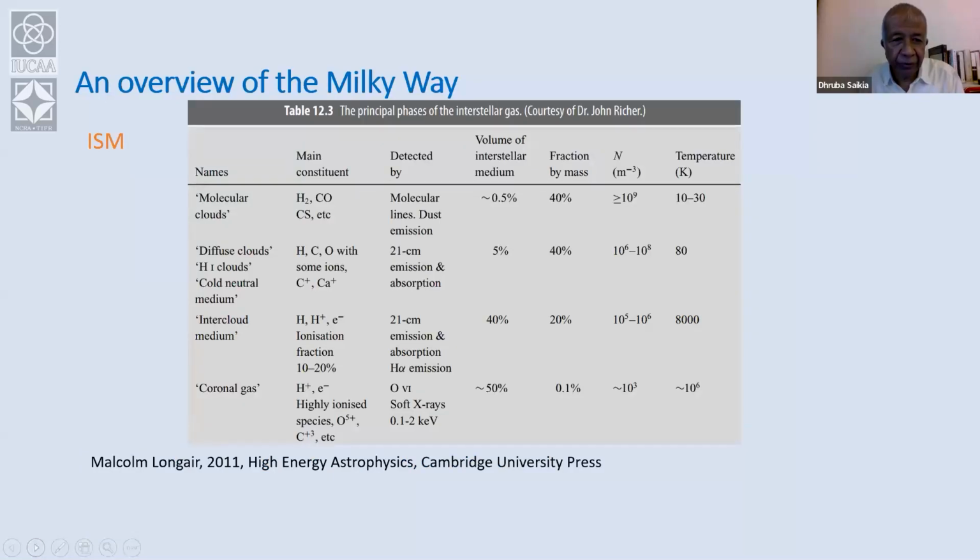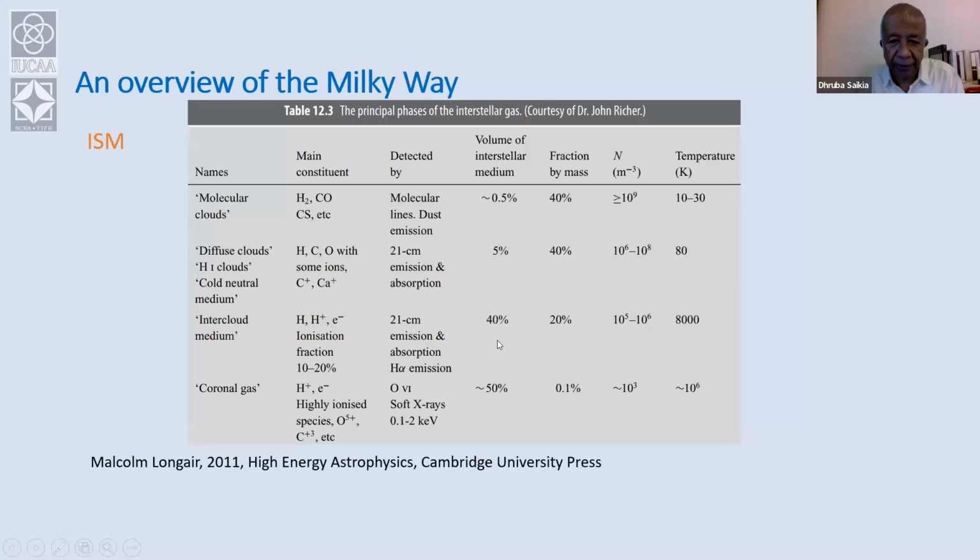This one I have just illustrated to you the main components of the interstellar medium. The molecular clouds have the lowest temperatures, highest densities, largest fraction by mass. As you go to warmer components, the densities decrease. The diffuse clouds, which are cold but not too cold, not as cold as the molecular clouds, have 40% by mass, slightly larger by volume.